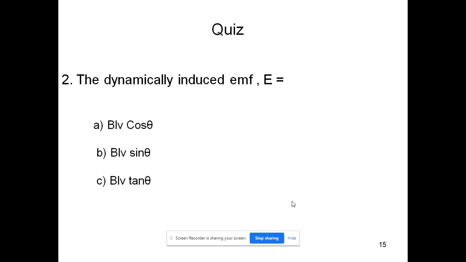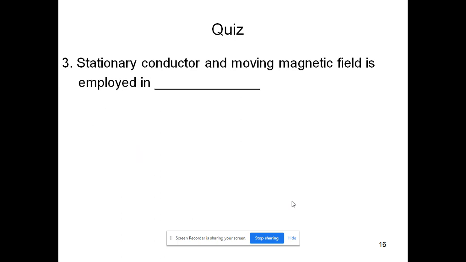The option is B, that is nothing but BLV sine theta. When theta is equal to 90 degrees, that is when the conductor is exactly perpendicular to the magnetic flux, then the EMF will be BLV. If the conductor is at a certain inclination, at a certain angle, then the EMF will be BLV sine theta. That is nothing but option B.